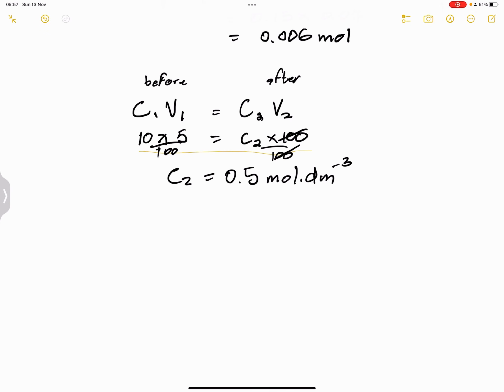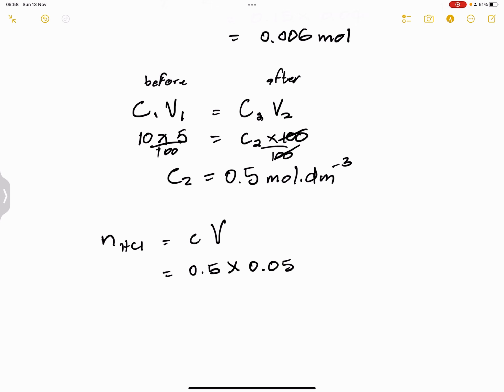So now what I'm going to do is say, okay, so number of moles of hydrochloric acid, that's concentration times volume. So that's 0.5 multiplied by, remember the volume must be in cubic decimeters in this case. So how much did we take? We took 50 cubic centimeters. So that would be 0.05.